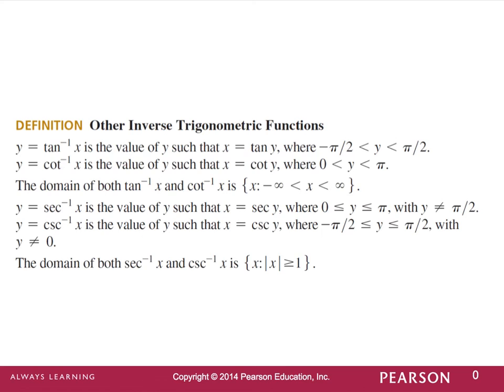But those are the three that we're going to see appear the most in our course coming up in the next semester. However, you should still know what all 6 of them are. For every trig function we have an inverse trig function, and you should know its domain and range as listed here in the slide before.